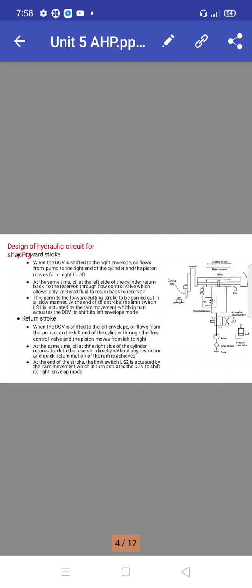This is the major criterion specified here. So in the shaper mechanism, there are the forward stroke as well as the return stroke. So we see that the forward stroke is at nominal speed and the return stroke is somewhat faster compared with the forward stroke. This is the main criterion specified here.